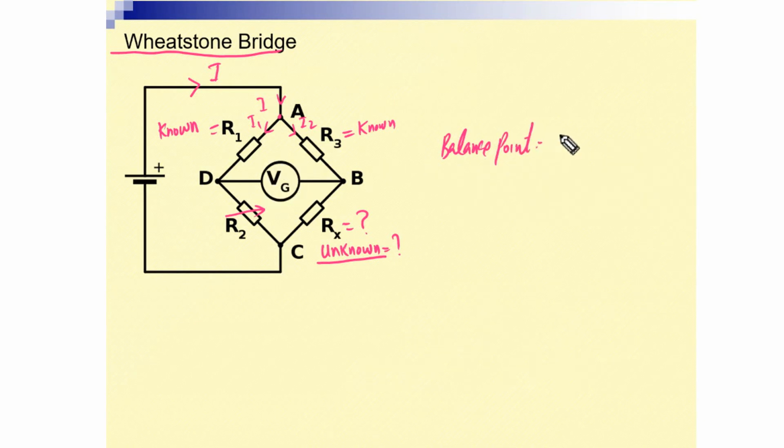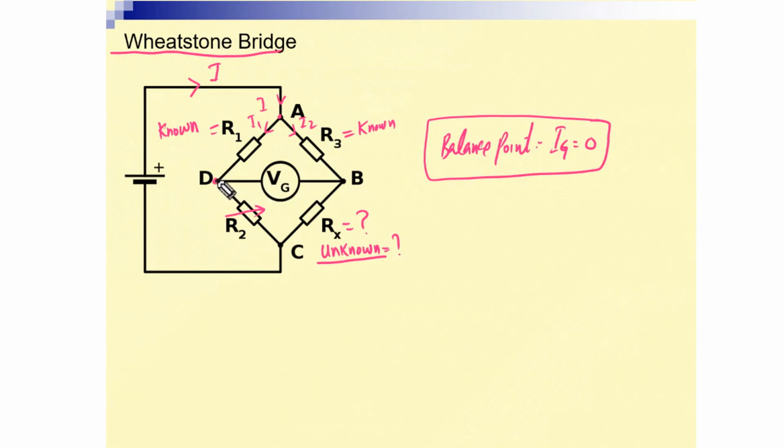Balance point means Ig is 0. This is the purpose of this variable resistor, to adjust the resistance until there is no current in this branch.